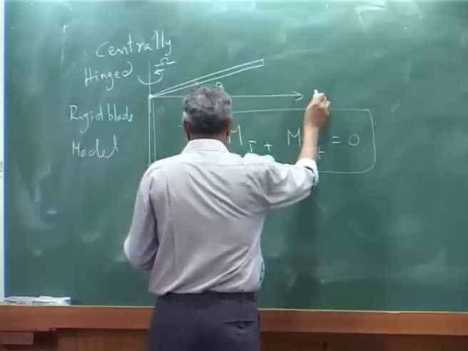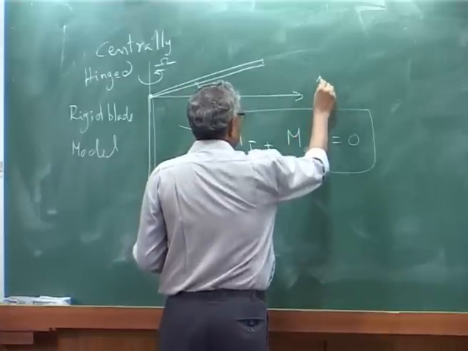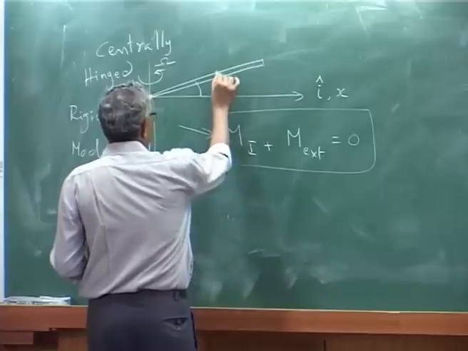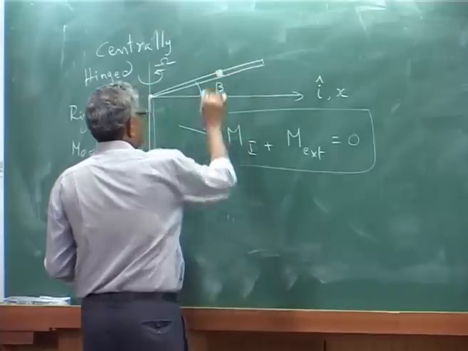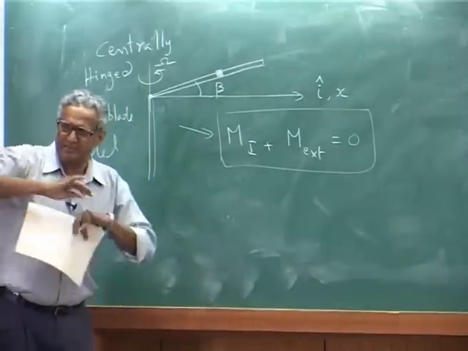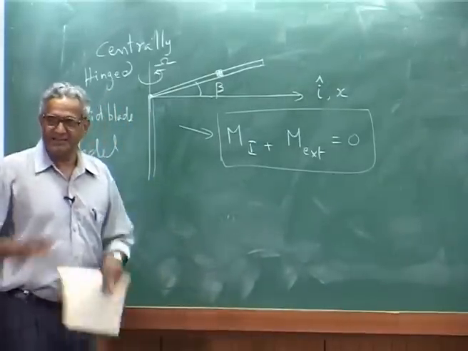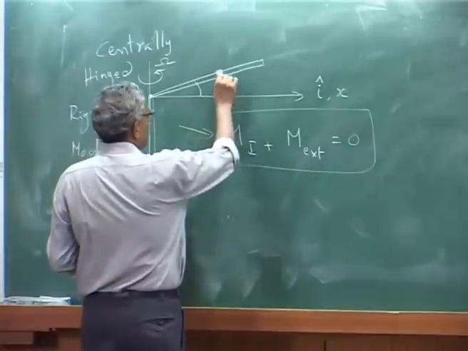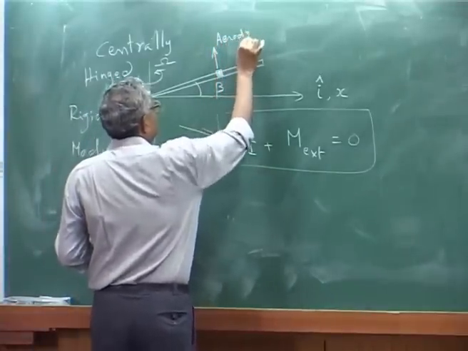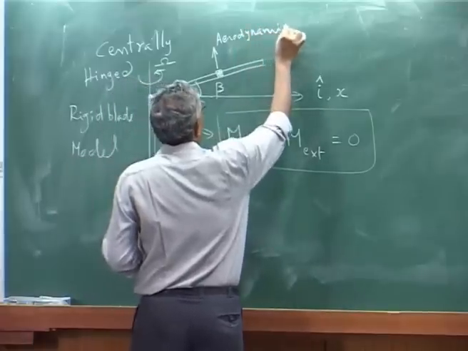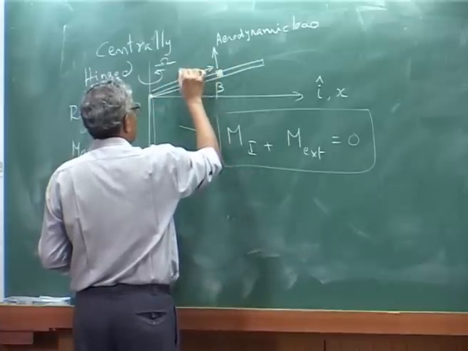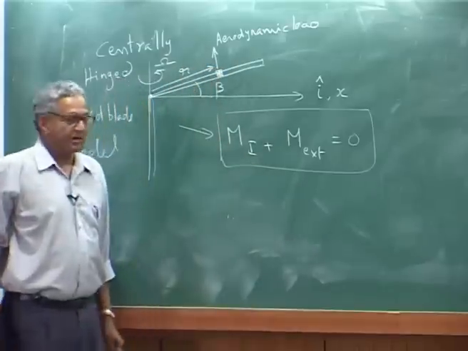This is my Ix, and if you take any section, this is like a beam, ideally a line. You will have an external load, which is the aerodynamic load, at a distance r.